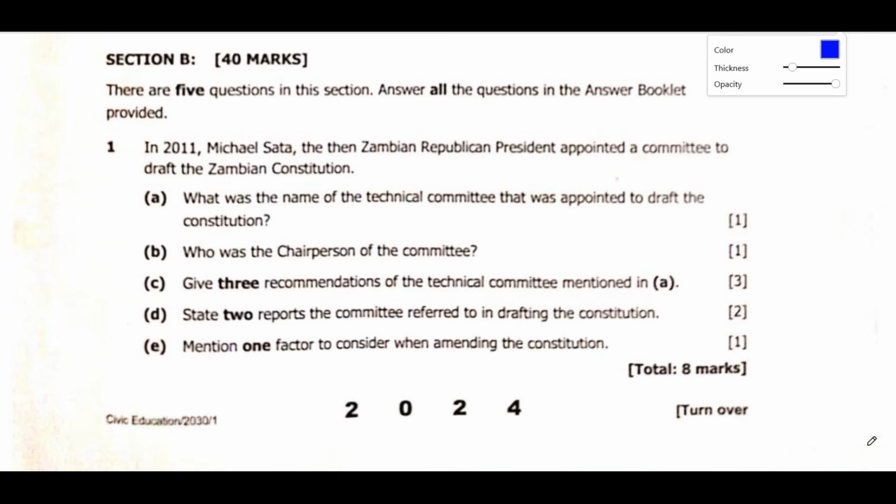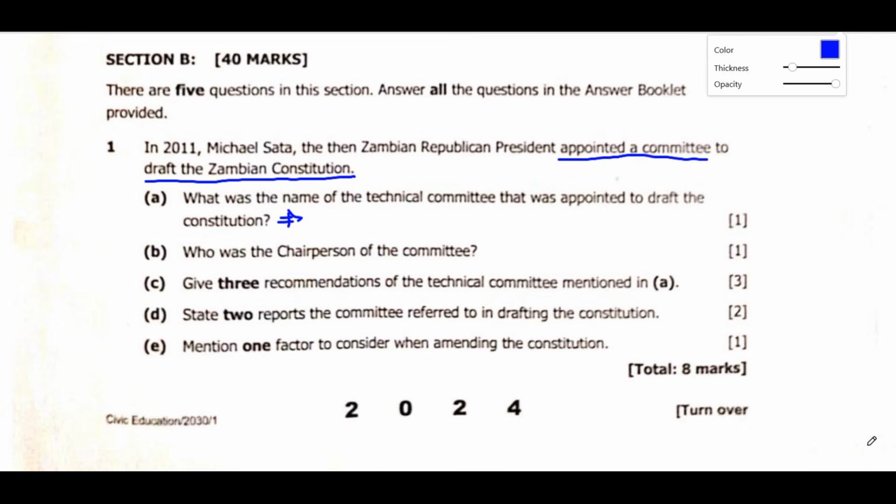So the question reads, in 2011, Michael Sata, the then Zambian Republic president, appointed a committee to draft the Zambian constitution. Question A, what was the name of the technical committee that was appointed to draft the constitution?